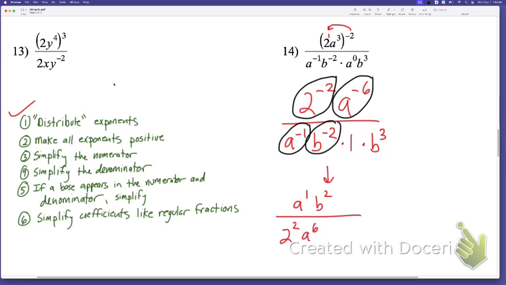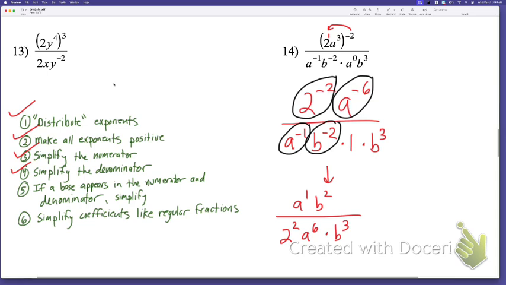I'm not going to write 1 because anything times 1 is just going to stay the same. Times b to the third is going to stay in the denominator. Okay, can I simplify the numerator? No, we're good there. Can I simplify the denominator? No.